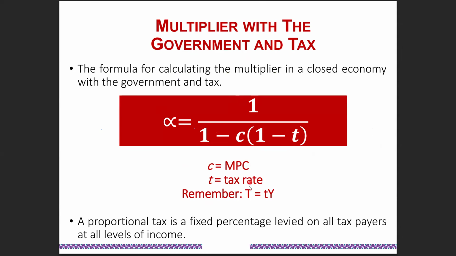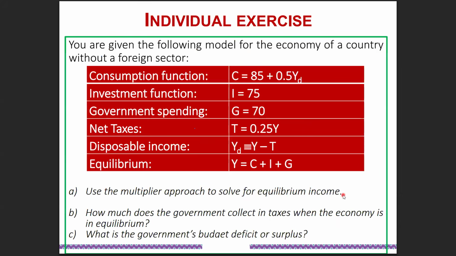And remember, to calculate the total tax that is collected, you say T, the tax rate, times the income, T times Y. A proportional tax is a fixed percentage levied on all taxpayers at all levels of income. So this T here is a proportional tax, a fixed percentage which is levied on all taxpayers at all levels of income.